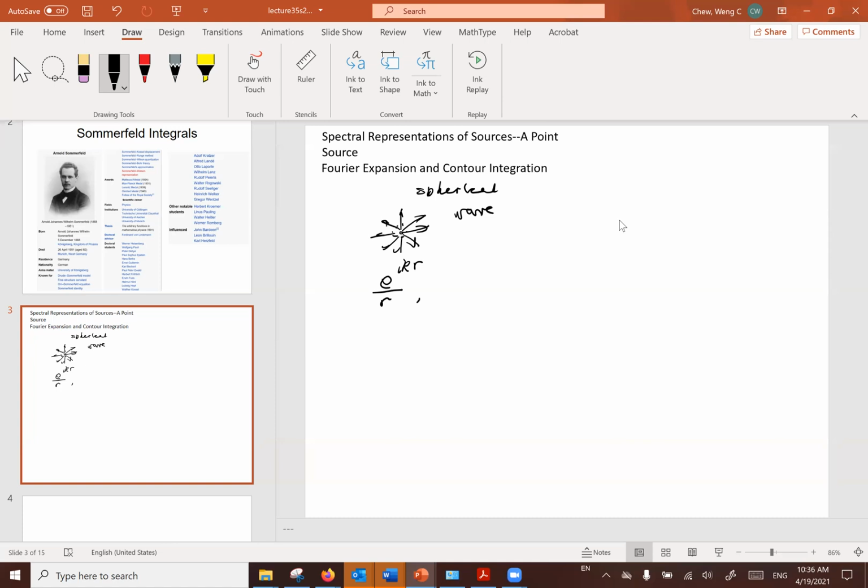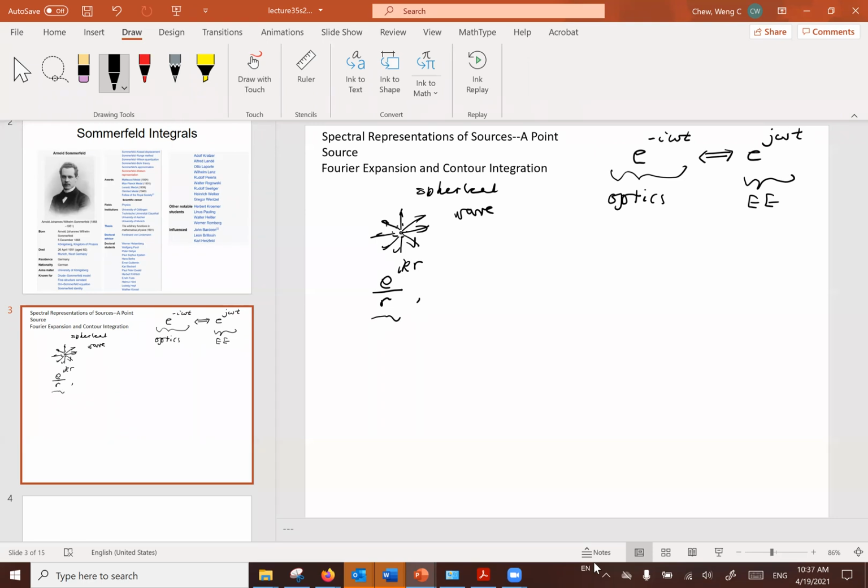I'm going to use the e to the minus i omega t time convention to replace the electrical engineering e to the j omega t time convention, because we are going to the part of the course which is closer to optics and physics. This is usually done in the optics community. This is usually done in the EE community. And if you're in microwave engineering or circuit theory, then you use the j omega t time convention, and you just have to switch around. But I hope you are capable of doing the switch. So this is a spherical wave that I have just written down.